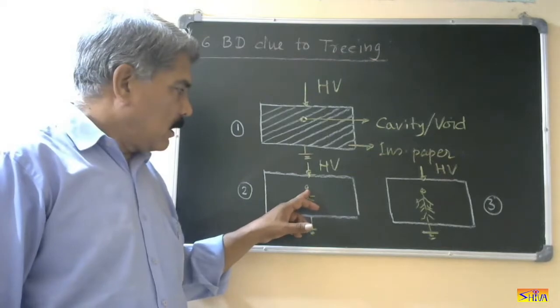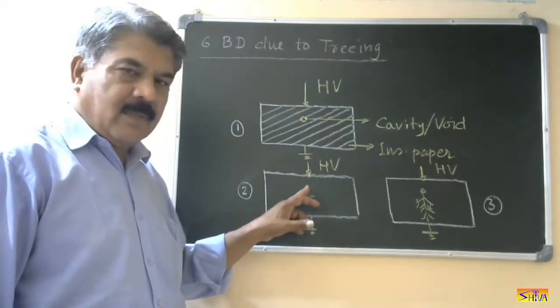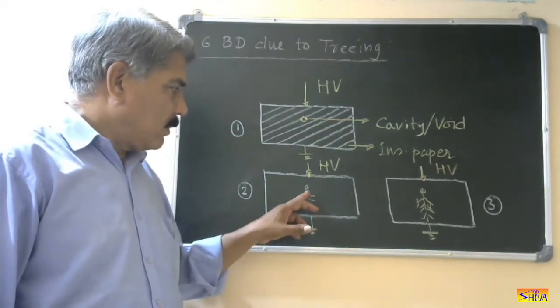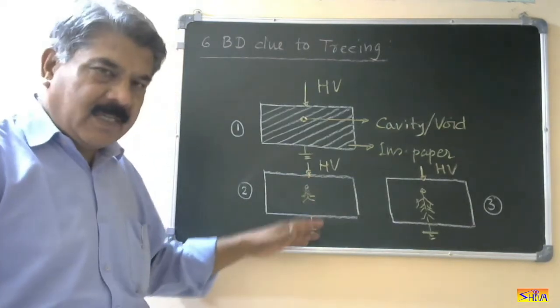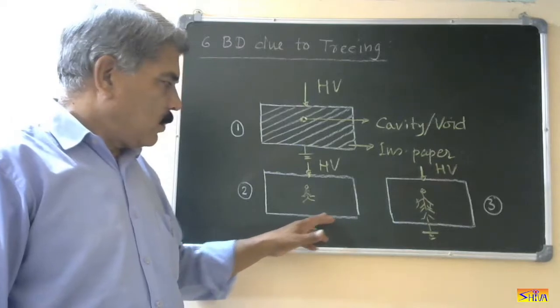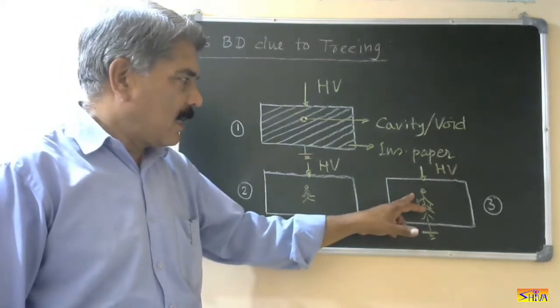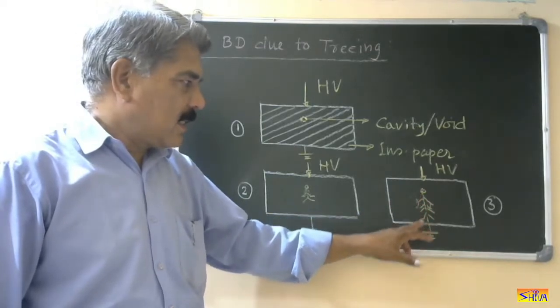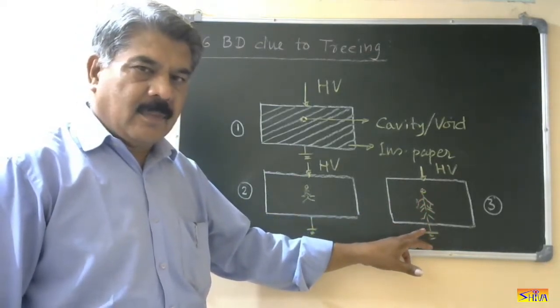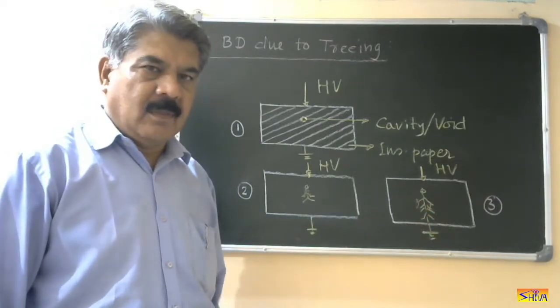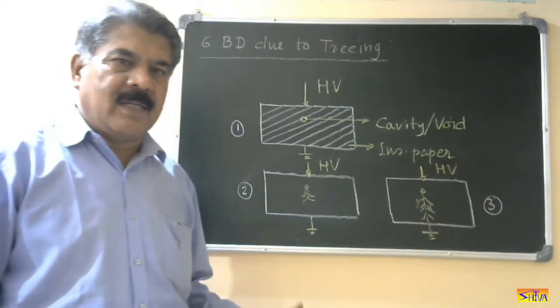So a tree-like structure is observed from this cavity up to the point. Now this tree-like structure with time starts progressing towards the earth. Here, in this third diagram, this tree-like structure has approached the ground and through this the breakdown occurs. This type of breakdown also requires a long time.